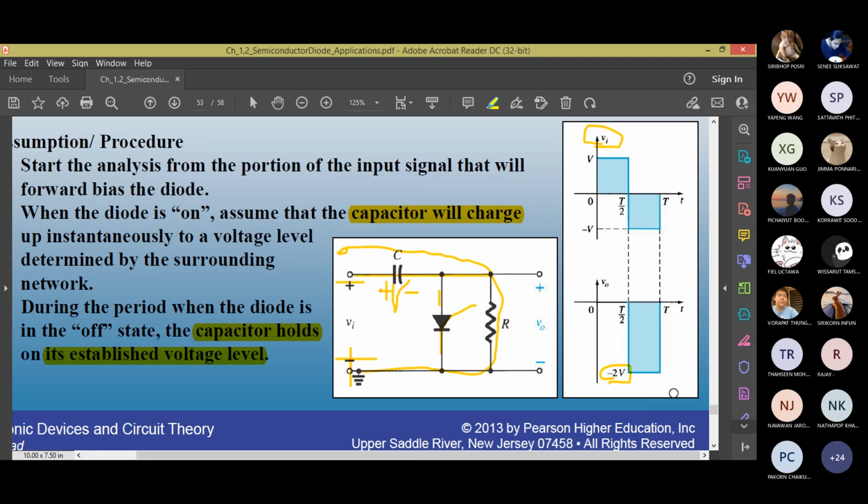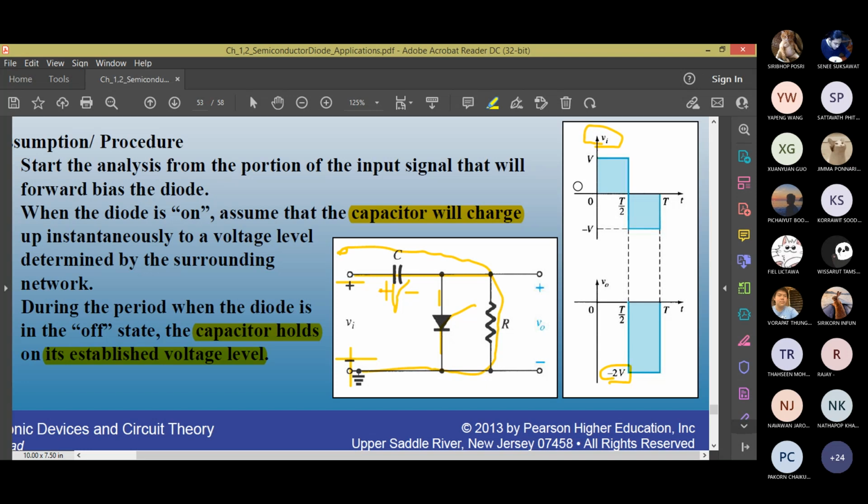That's the correct answer. Step number 5, the last step, is also not shown on the slide. It is in your textbook. There is a final check that you need to do. That is step number 5. The total swing of the input voltage must match the total swing of the output voltage.